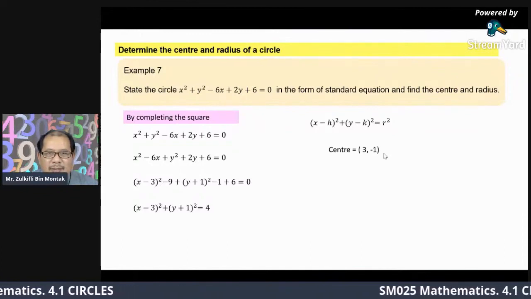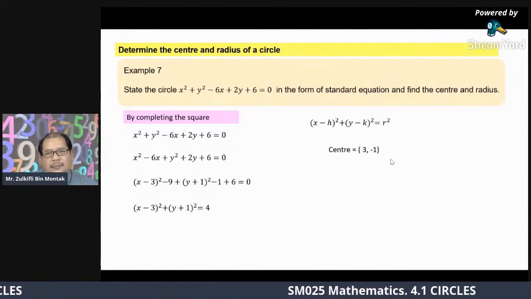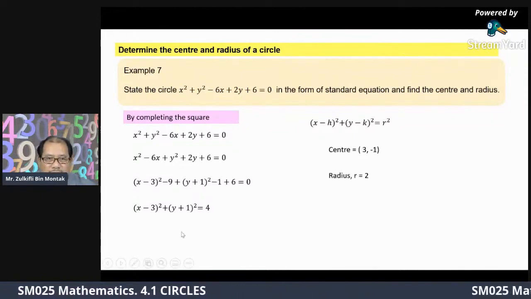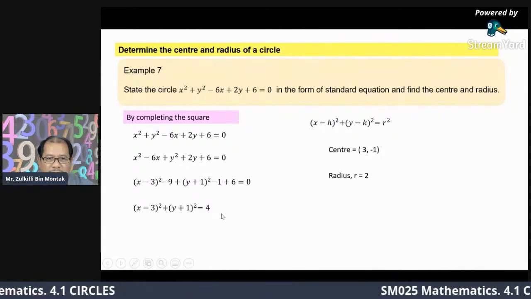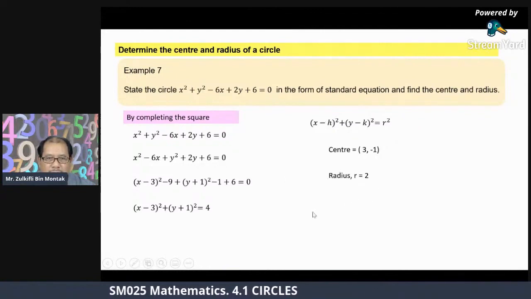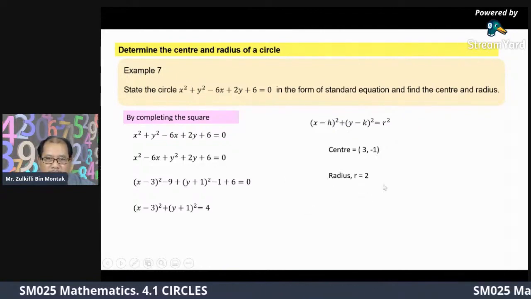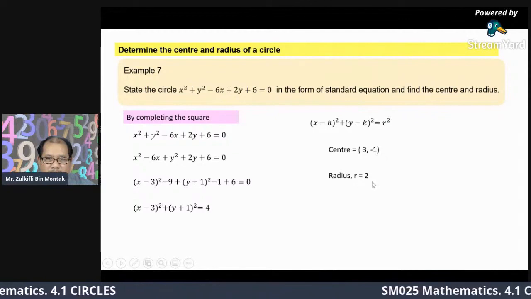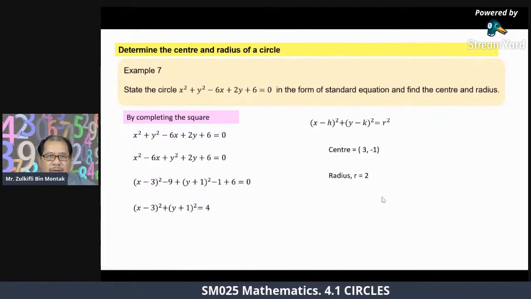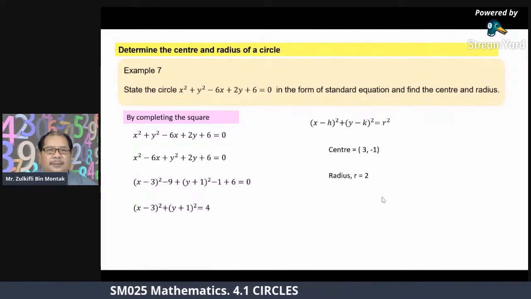This is center (3, negative 1). And then the radius: 4 is r squared, so r equals 2. Because r is a distance, you use the positive value. Okay, this is how to use completing the square.